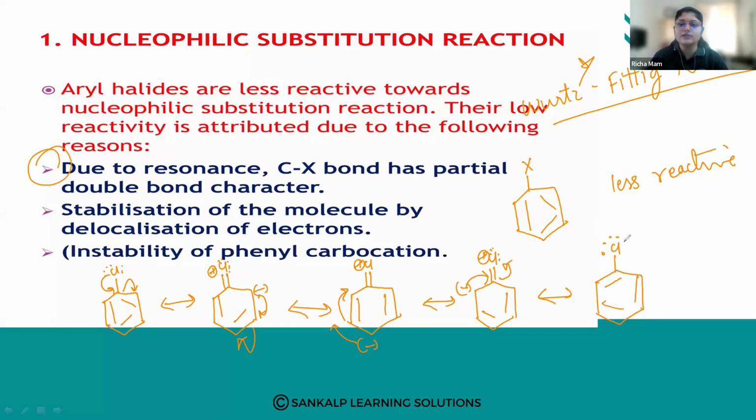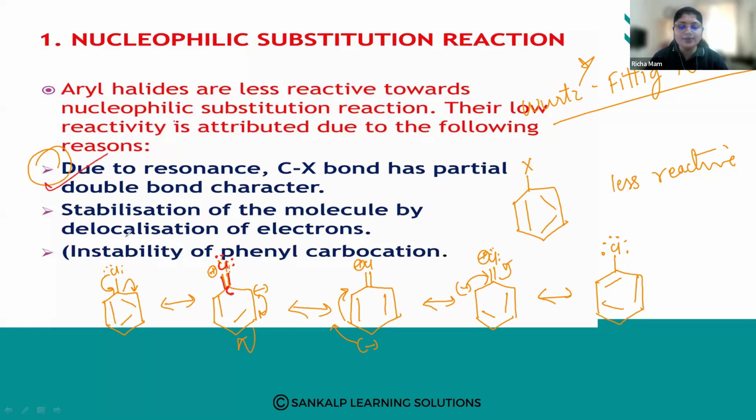Okay, so these are the resonance structures. When we write the resonance structures, you can see the C-Cl bond, this is a C and this is a Cl. This C-Cl bond has a double bond character and it is very difficult to break this bond. So the breaking of this bond is very difficult. Because of that, the aryl halides are less reactive towards nucleophilic substitution reaction. So this is the first point.